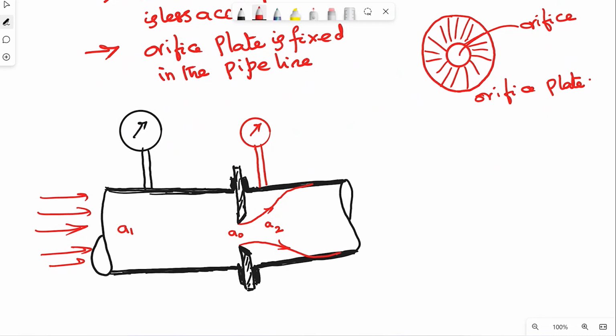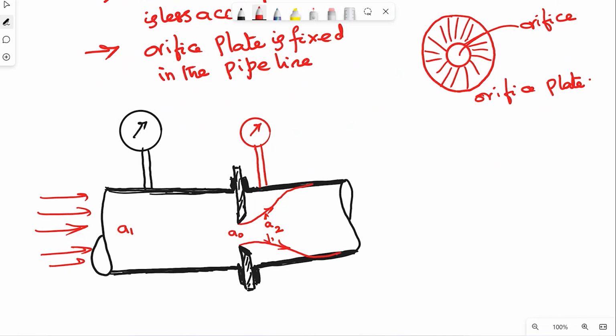It is very difficult to note this area exactly, how to find it is difficult. So that's why we give the equation.